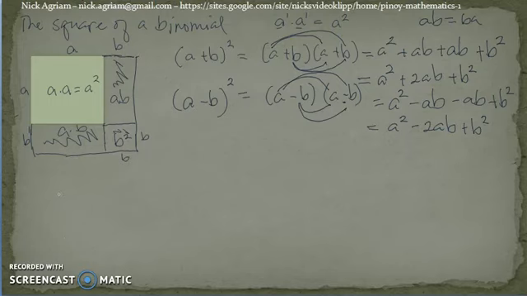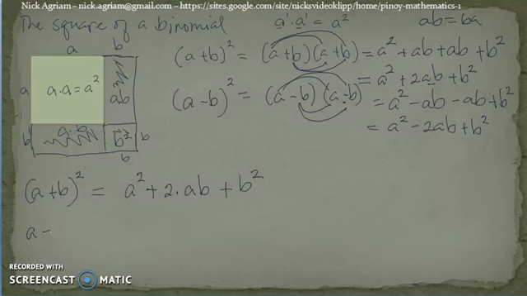So, to sum it up, we have A plus B squared, square of a binomial, and we have A squared plus 2 multiplied by the product of the first term and the last term, plus B squared, or the square of the last term.